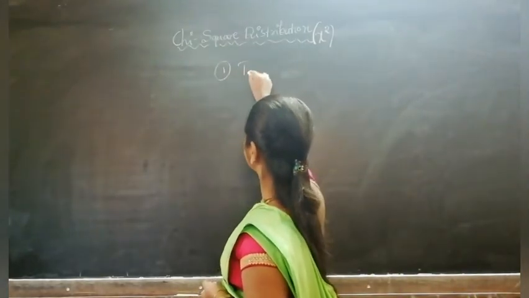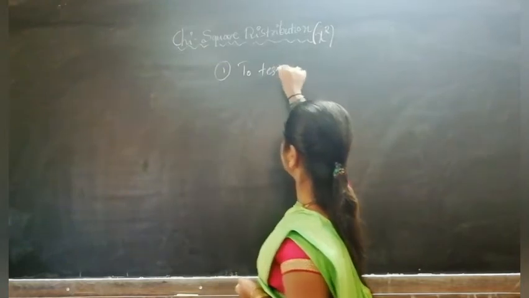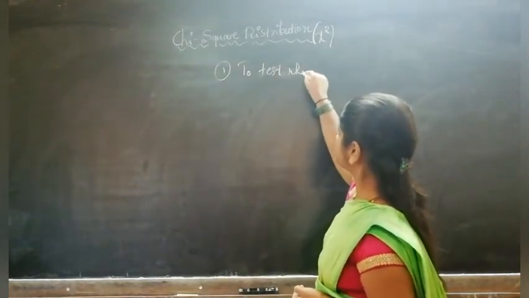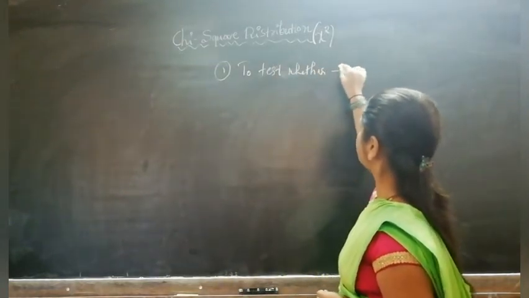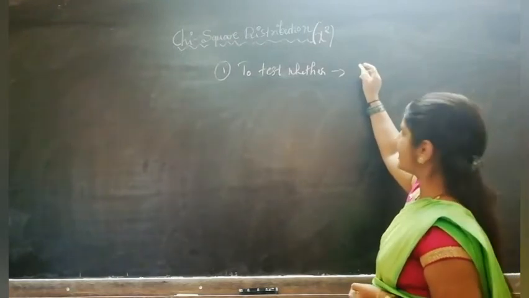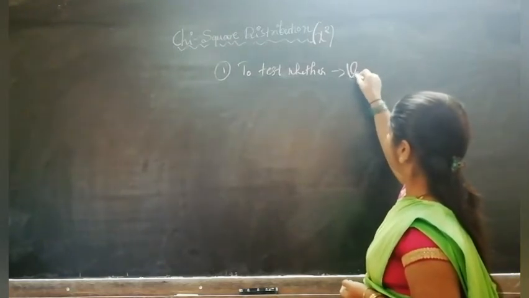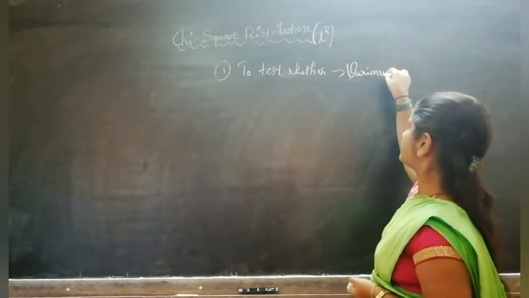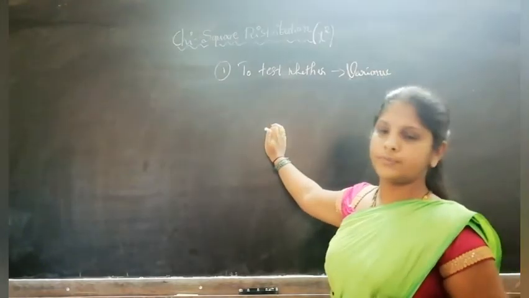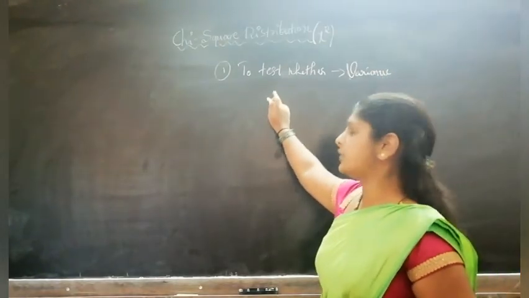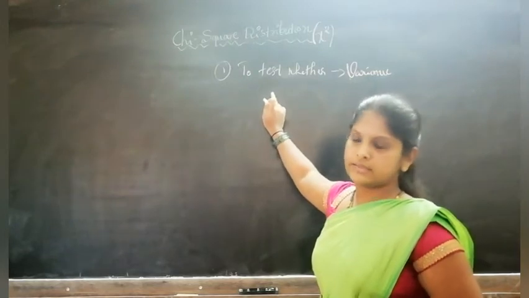First one, to test whether the given population has a given variance. If we want to test the population variance, then we have to use the chi-square test.